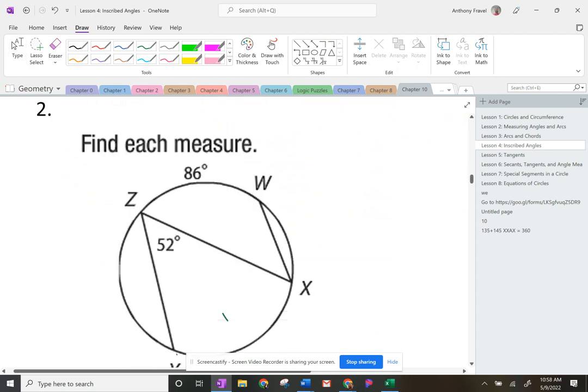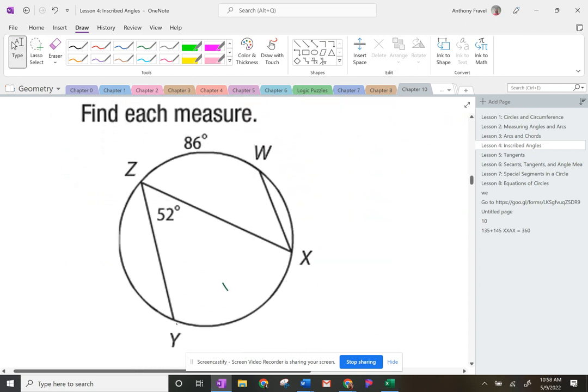Okay? So this is one where hopefully you guys will talk me through this. Okay, they give me this one here. Is this going to be an inscribed angle or a central angle? Inscribed angle, because it's inside the circle. Okay, that's another way to figure it out.